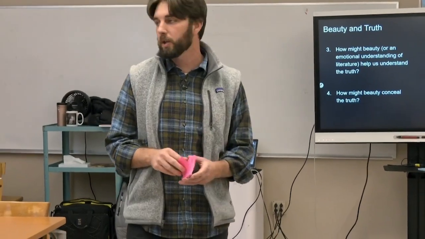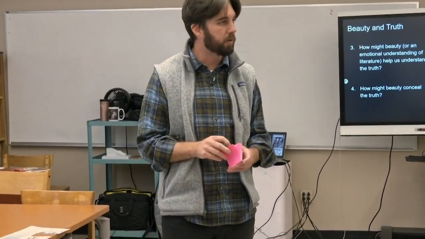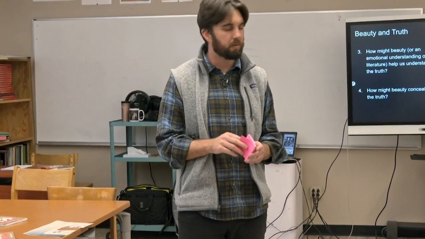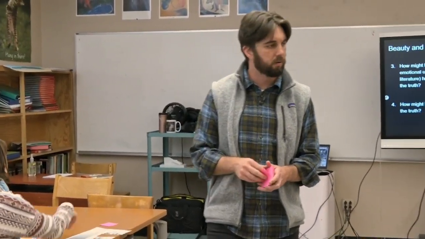What are the ways in which, quote unquote, the beautiful, the visual, might actually hold you back or conceal something we need to know? The way they portray the pictures might change the way that the scene was supposed to go. They might change it to be a little more sad than it actually was, or a little more happy, or they might just change the emotion of the scene.